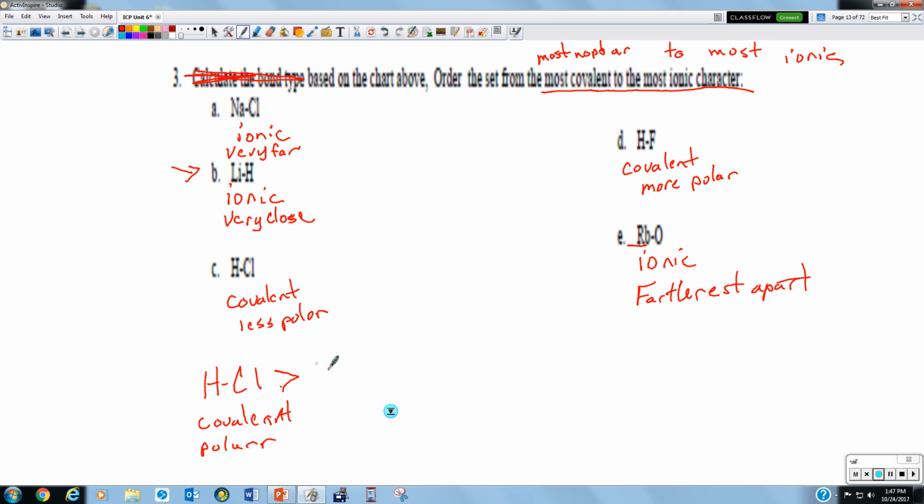Really then the next one I would put would be the next covalent one, which is HF. Very close, very far, very close, less polar.